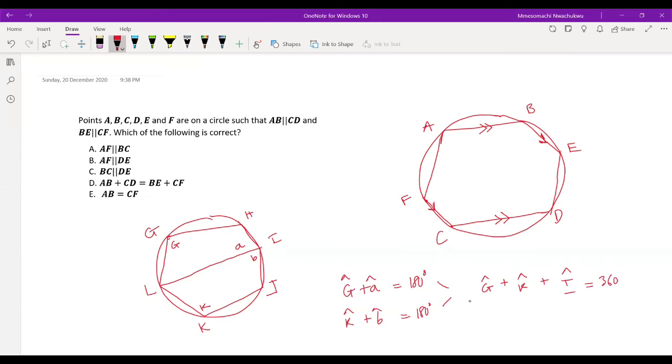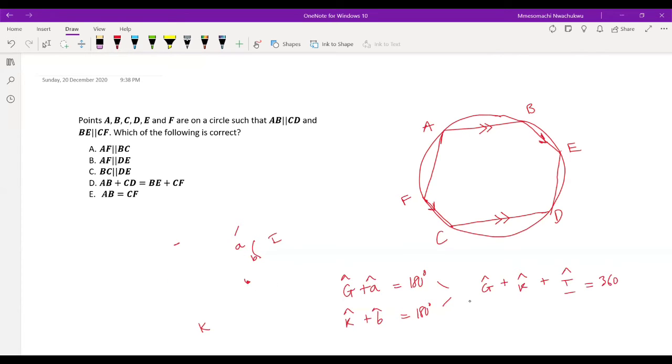So if a hexagon is cyclic, then the sum of alternating angles, that's this angle plus this angle plus this angle, is 360. And we can do the same thing for the other ones. So that's just it. We take note of that and see how we can apply it.